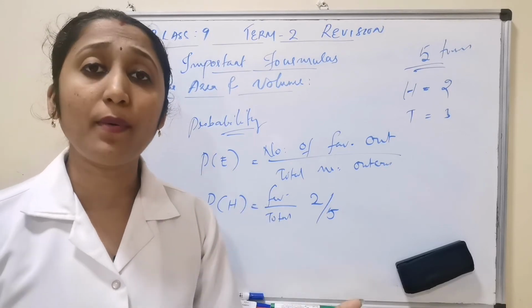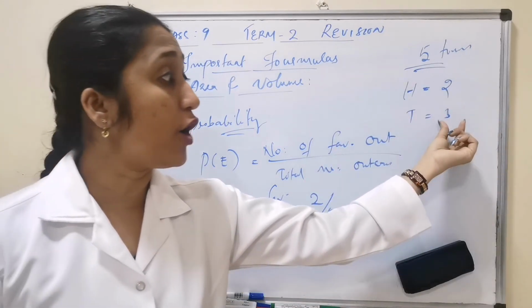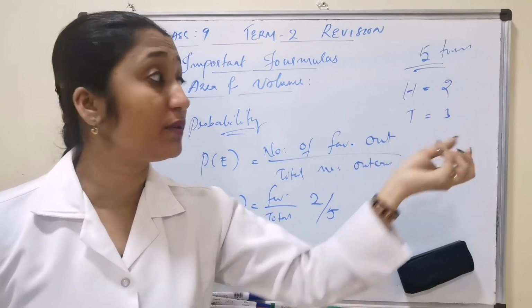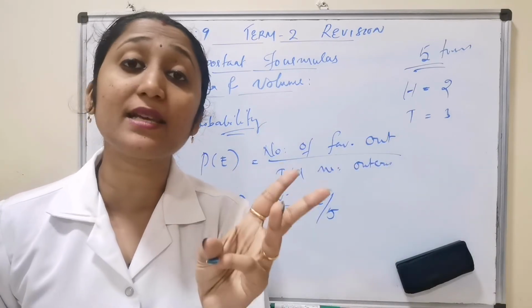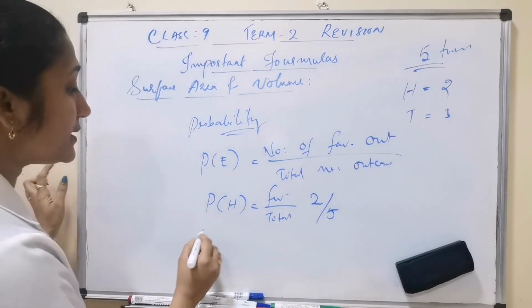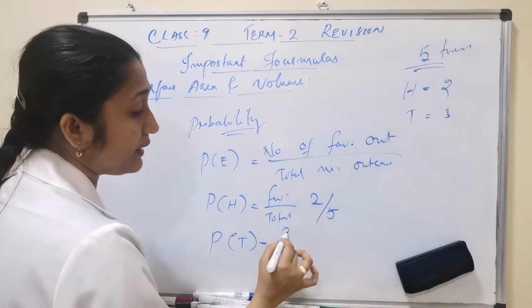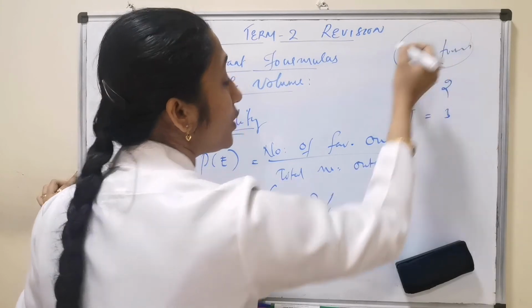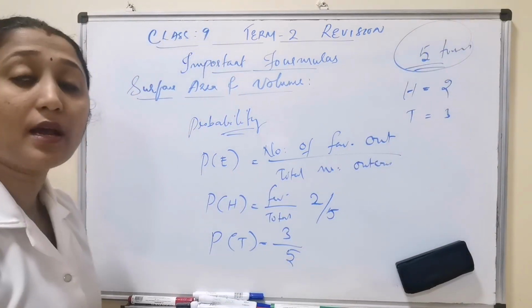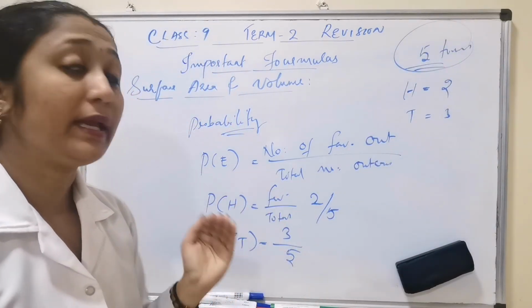Then what is the probability of getting a tail? How many times did we get it? In 5 times we got only 3. So that is the favorable outcome. So the probability of getting a tail is favorable outcome 3 divided by total tosses 5. So 3 by 5 is the probability of getting a tail. Okay.